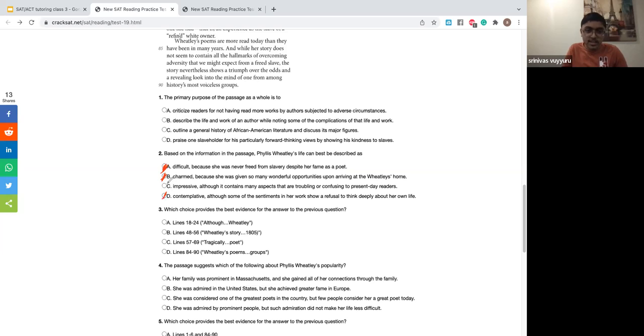So you could just cross out D, and C is the only option left. Even in C, it's impressive because her achievements in poetry were great for that time. It's troubling because she had a bad life after that. It's not really confusing, but with this question you can just cross them out and you get C anyway. I'm not entirely sure why it says it's confusing, but it's the only answer that works. I hope that answered the question, whoever.